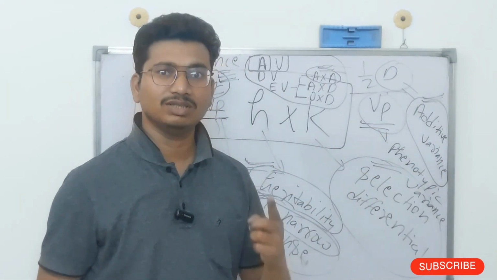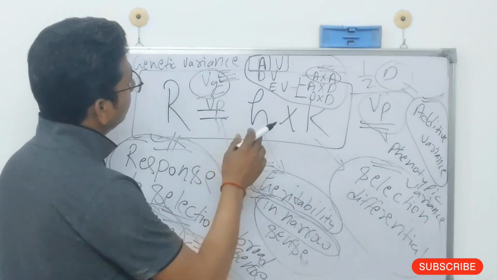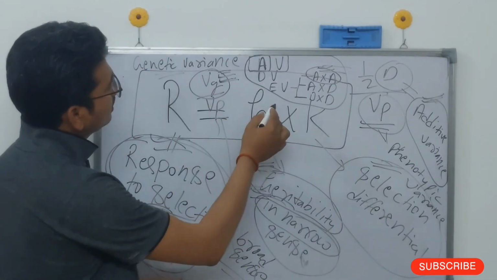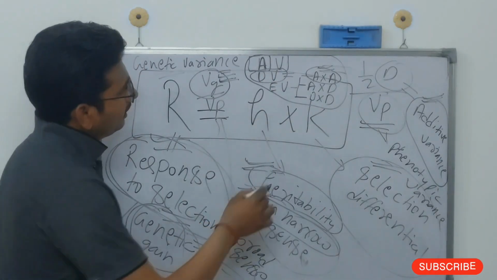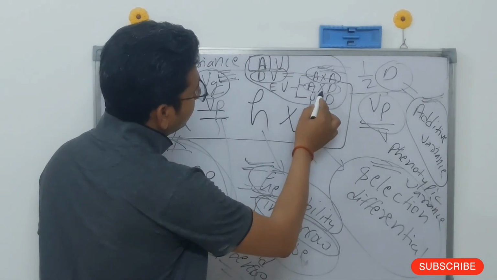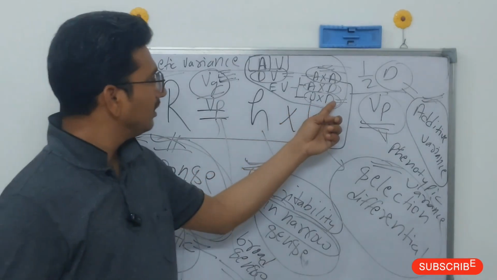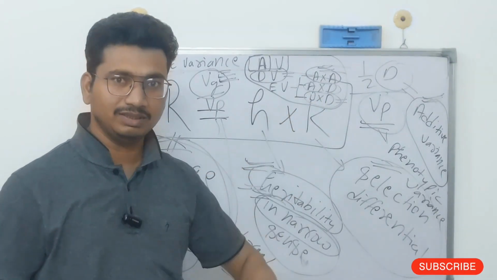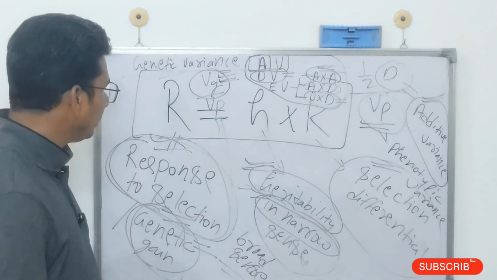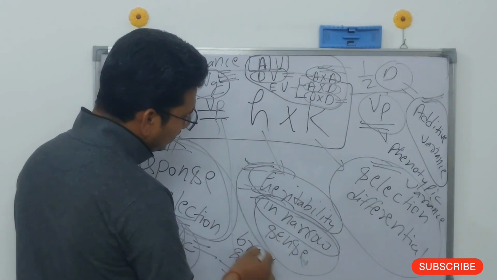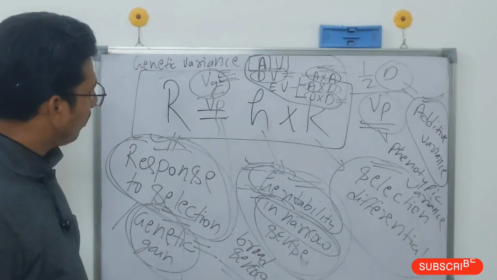And additive variance is always heritable and fixable in nature. But in case of genetic variance, we can see that dominance variance and additive into dominance epistatic variance and dominance into dominance variance is not fixable in nature. It is heritable in nature, but it is not fixable in nature. So heritability in narrow sense provides more reliable result than heritability in broad sense.